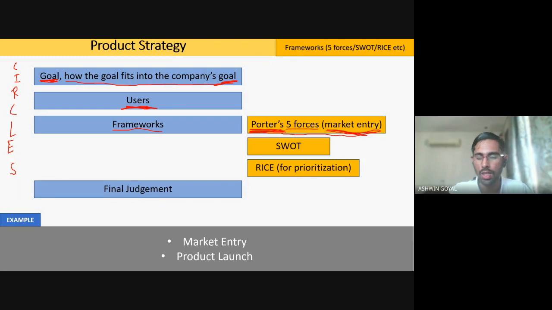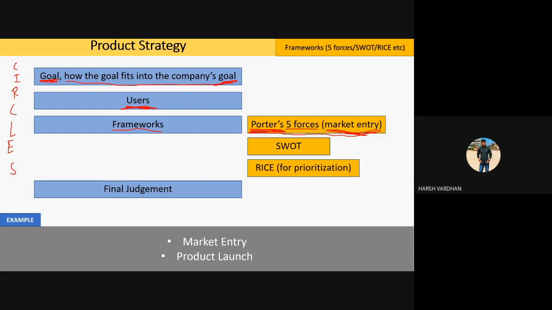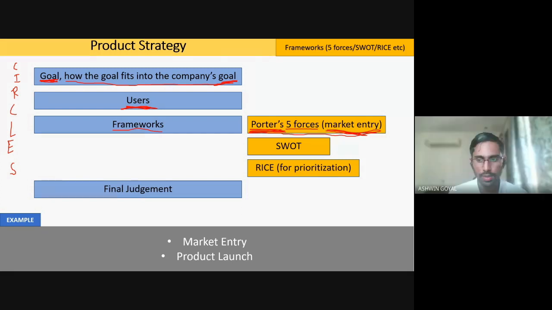The five forces are, for example, threat of competitors, bargaining power of suppliers, bargaining power of buyers. Those kinds of things are there in these five forces. And SWOT analysis. What do you mean by SWOT analysis? Does anyone know? Strength, weakness, opportunity, threat. Yes. And we again taught this in the consulting course. So strengths, weaknesses, opportunities, and threats.